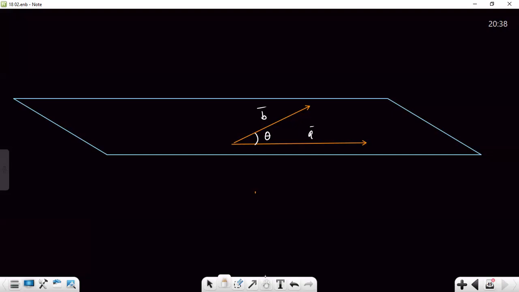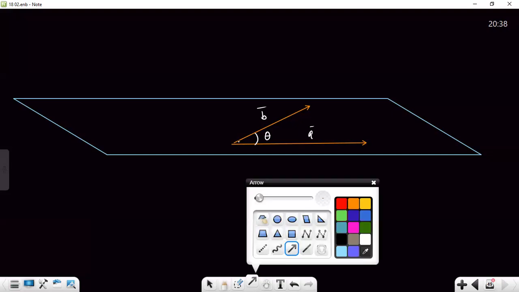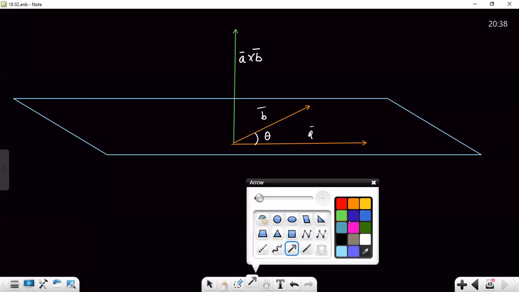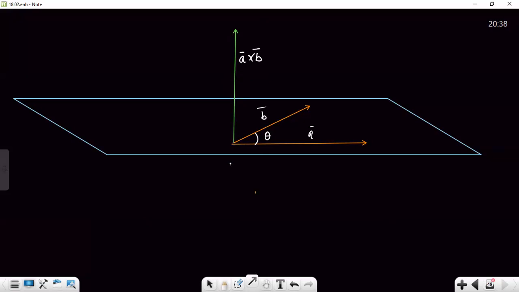So the resultant vector should be perpendicular like this. This is the resultant vector, A vector cross B vector. Now there were two options for me to draw the resultant vector. I could have also drawn it perpendicular to the plane, downwards.